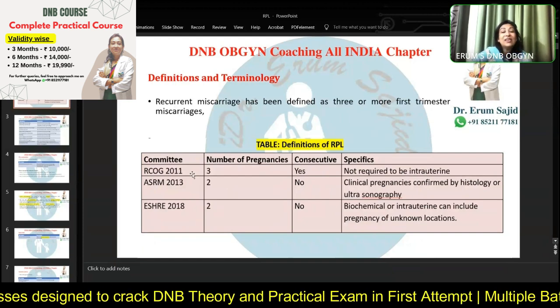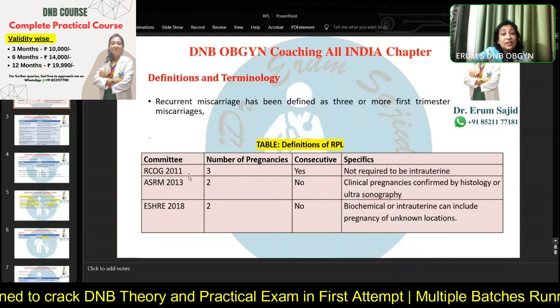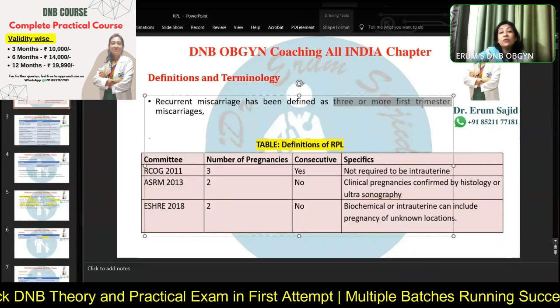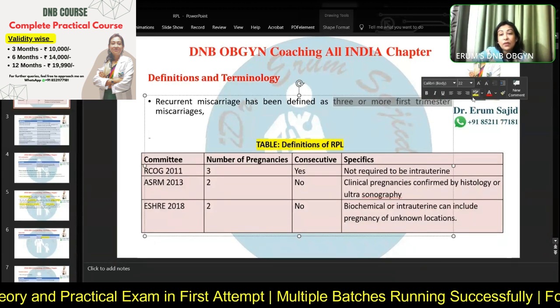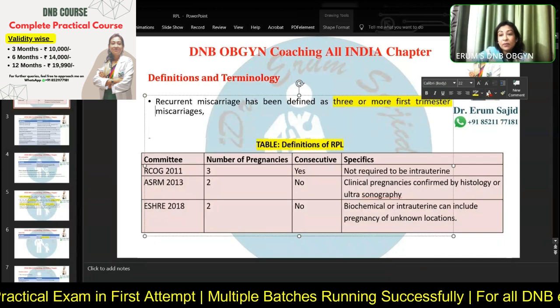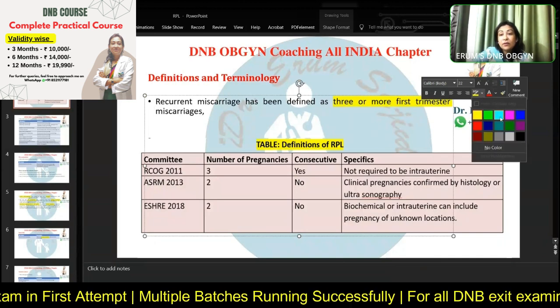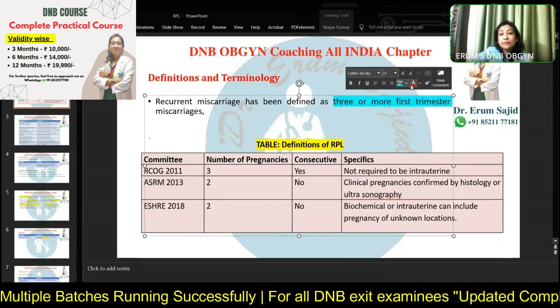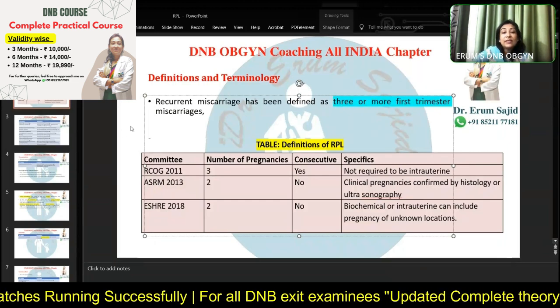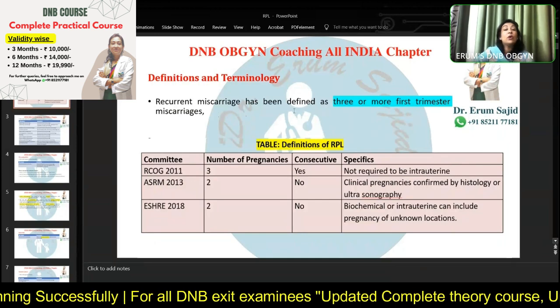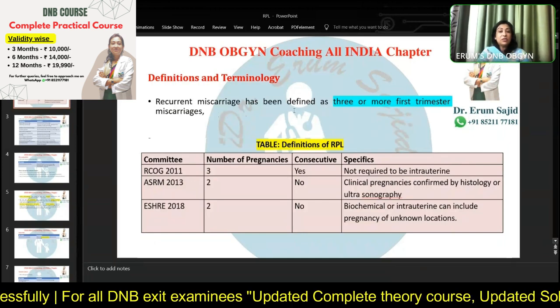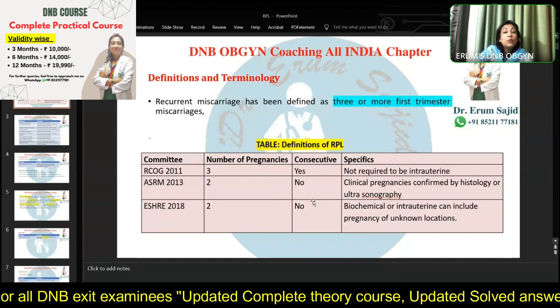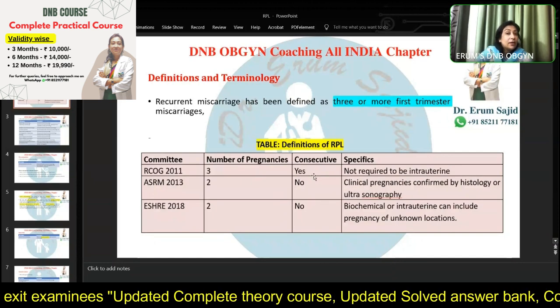But RCOG is a little relaxed, and this is from 2011 and continues here: still 3 or more first trimester miscarriages. So according to RCOG, recurrent miscarriage is 3 or more first trimester miscarriages, and they have to be consecutive. Only then will you call it a recurrent pregnancy loss.